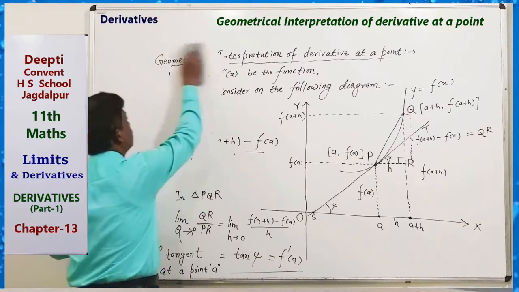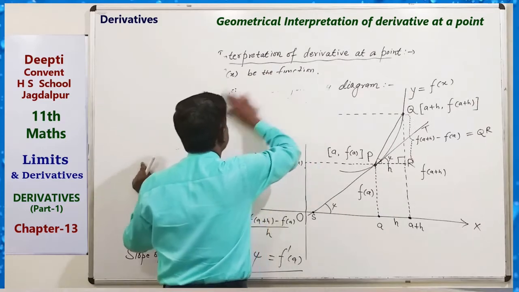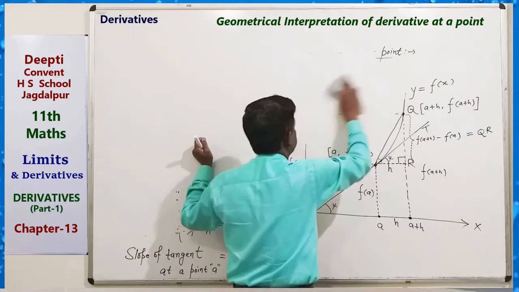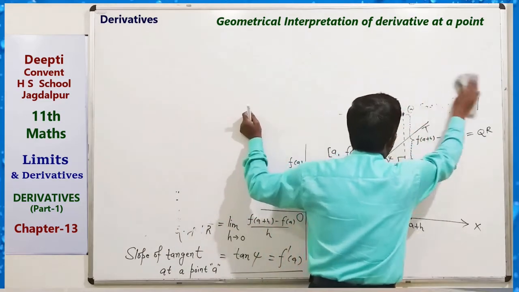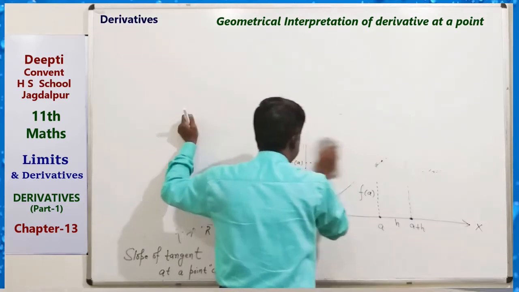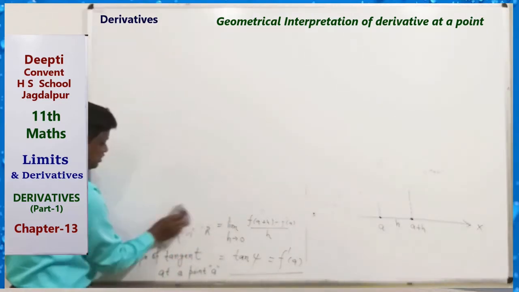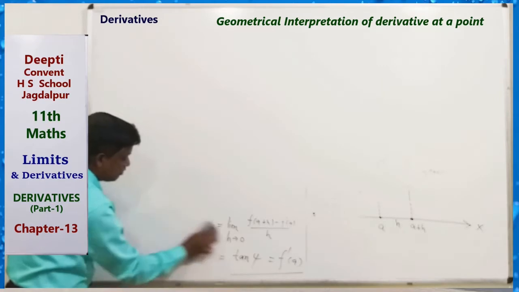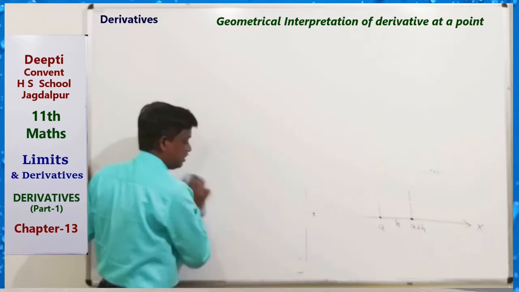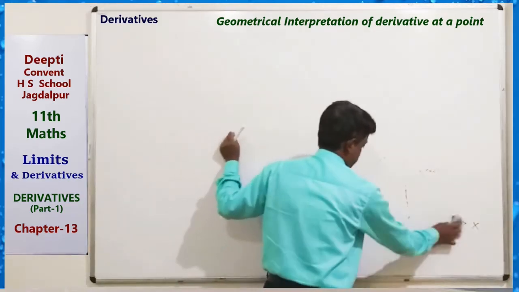Okay. Now we will define the general derivative. If a function has derivatives at each point of its domain, that is, if the derivative exists at each point of its domain, then we see that the derivative is again a function.